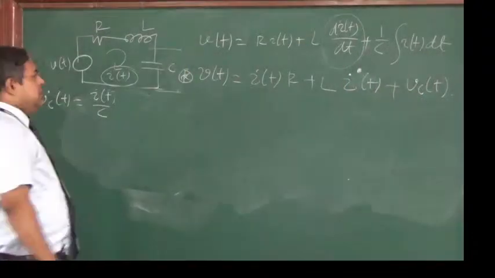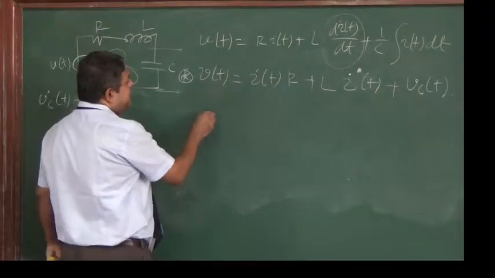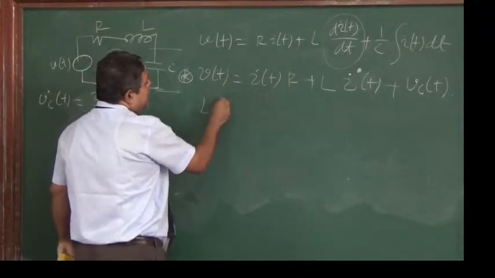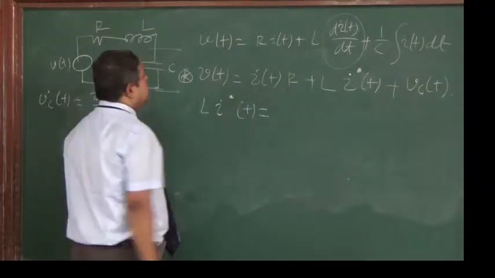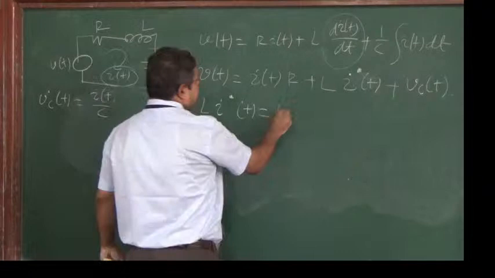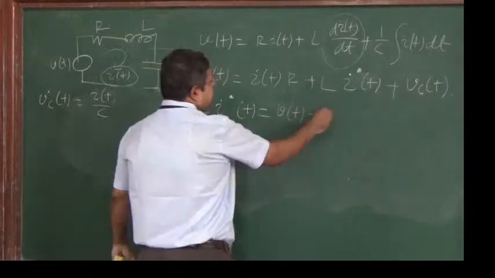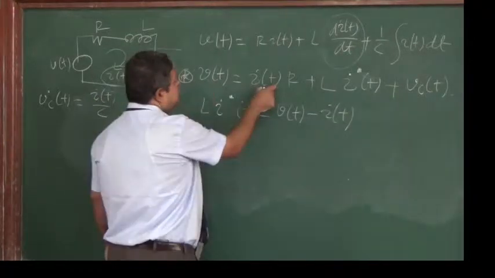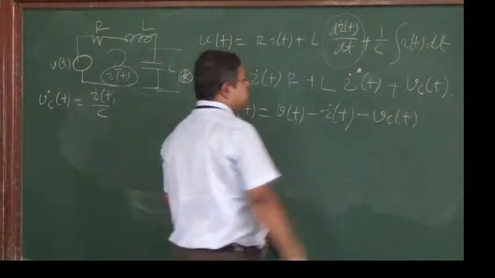Rewrite this equation. Take this thing to the left side. So L i dot (t) is equal to v(t) minus the other terms, with the sign changed when moving them to this side.